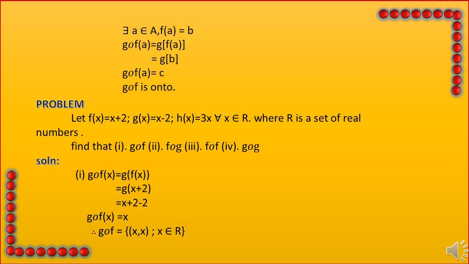Within the bracket of g, as x, we will write here x plus 2 minus 2, by g of x is equal to x minus 2. The plus 2 and minus 2 cancel, so it will come only x. Therefore, g composition f is equal to {(x, x)} for all x belongs to capital R.